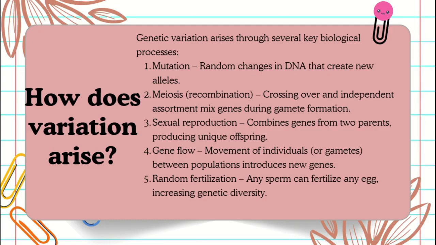And then in some cases, it can be swapped out, and then it causes a lot of problems, right? Genetic variation does come from mutation, and we said that those are changes in the DNA sequence, and they can create new alleles. Then we have meiosis.